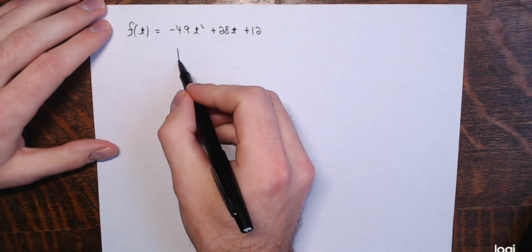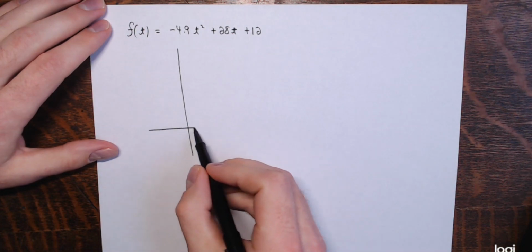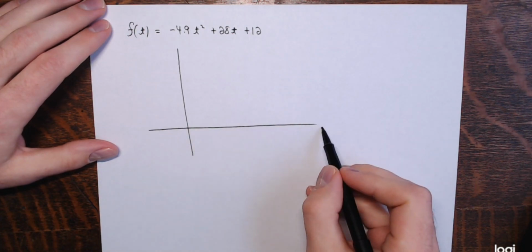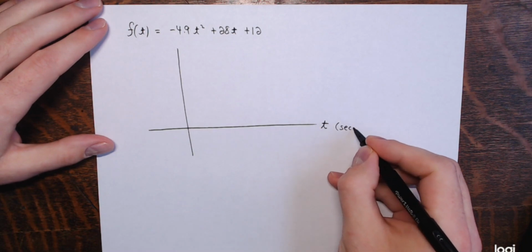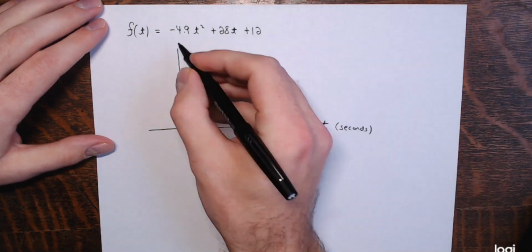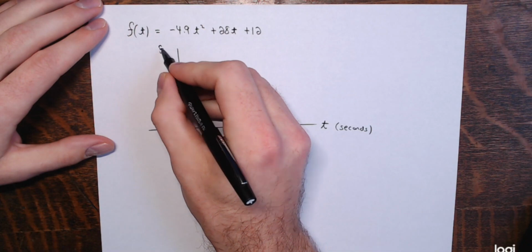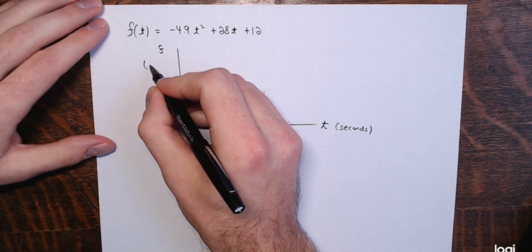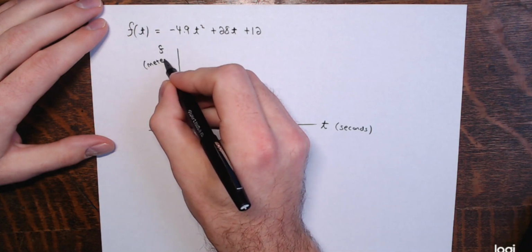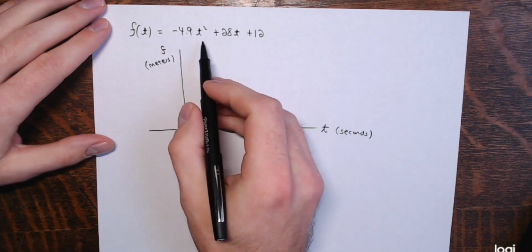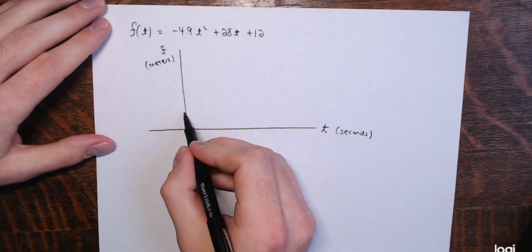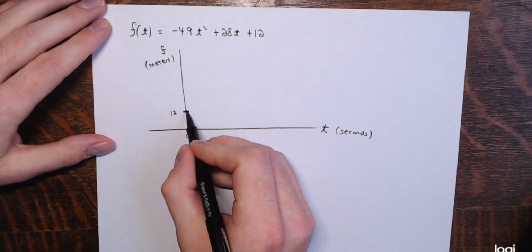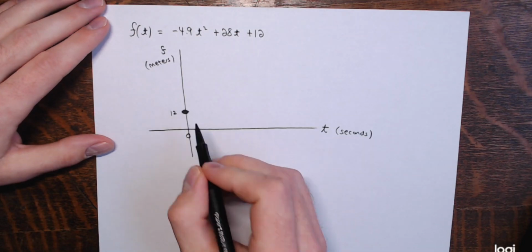And I'll start graphing this. Now the horizontal axis is going to be values of t, which is time in seconds. And then the vertical axis will be f, which is going to be height in meters. And I hope you see that when t is 0, the height is 12. They told us that. So there's a point on the graph of this model.